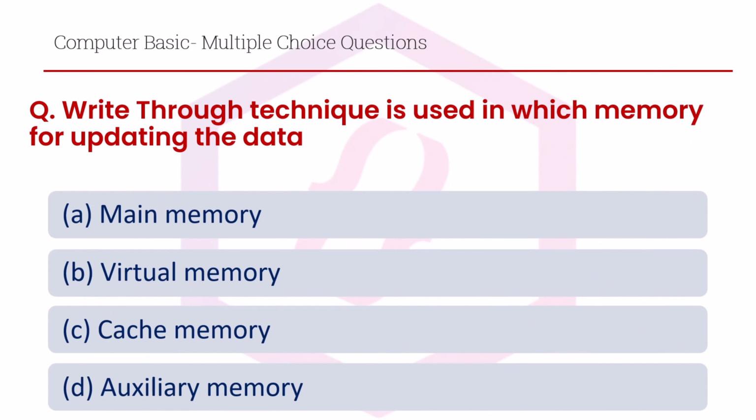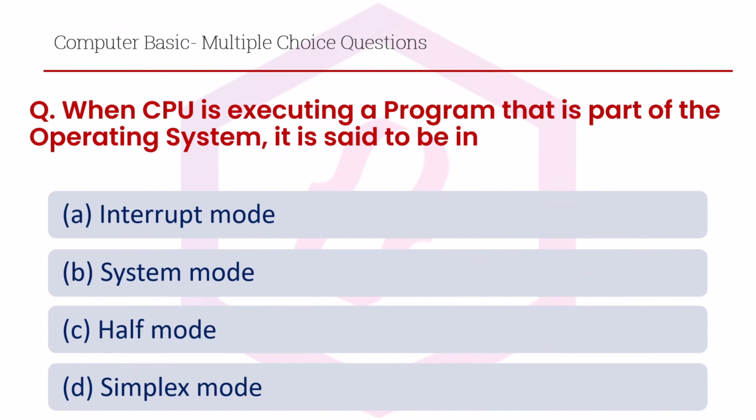Write-through technique is used in which memory for updating the data? Main memory, virtual memory, cache memory, auxiliary memory. And the correct answer is option C, cache memory. When the CPU is executing a program that is part of the operating system, it is said to be in interrupt mode, system mode, halt mode, simplex mode.